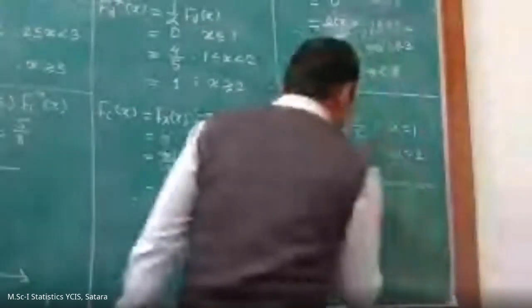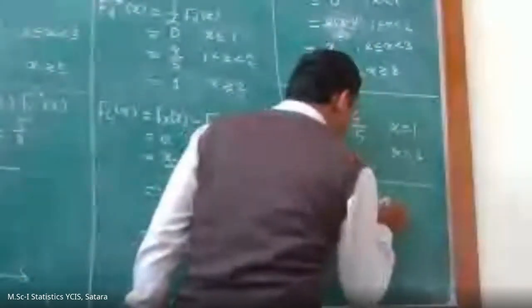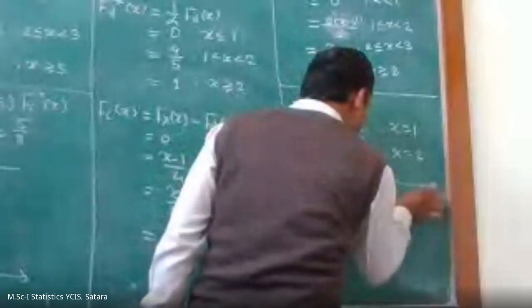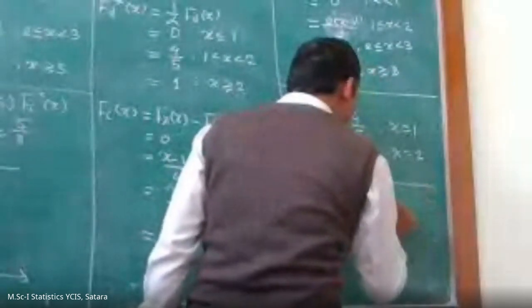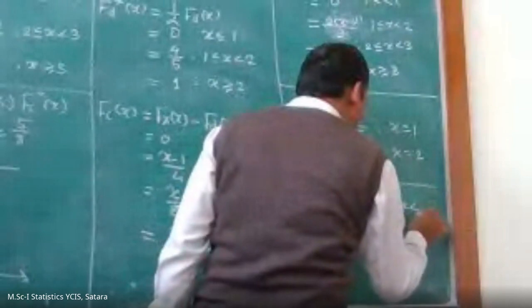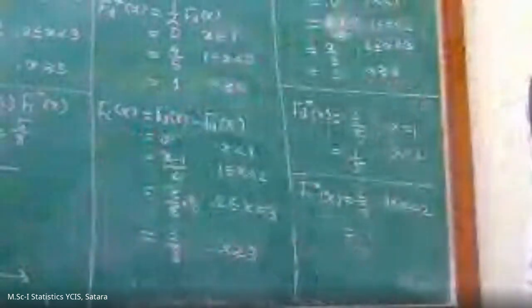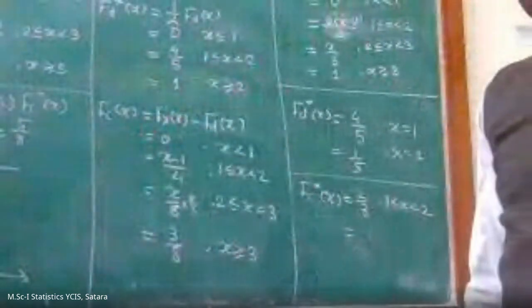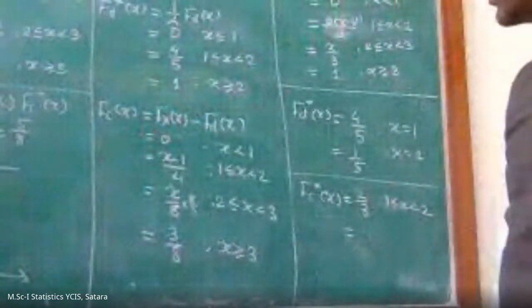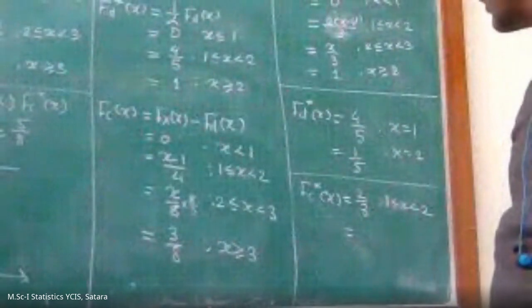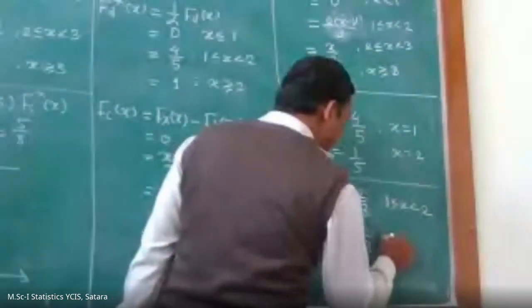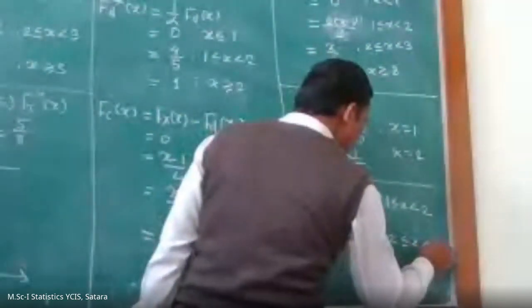Therefore it is equal to 2 by 3 for 1 is less than or equal to x is less than or equal to 2, and for 2 to 3 साठी किती येईल. 1 divided by 3. 1 by 3 for 2 is less than or equal to x is less than 3.